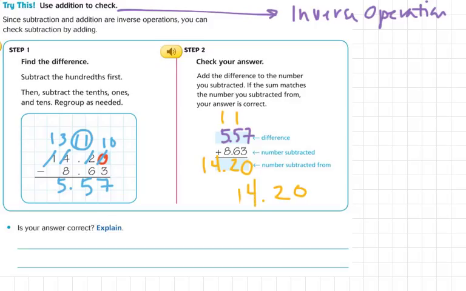Can we explain? We can say, yes, we know our answer is correct. Why do we know our answer is correct? That's the most important part.